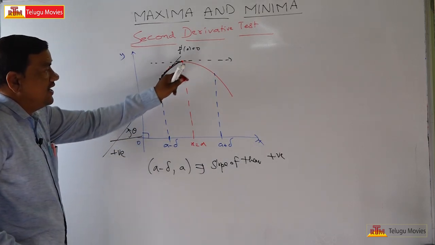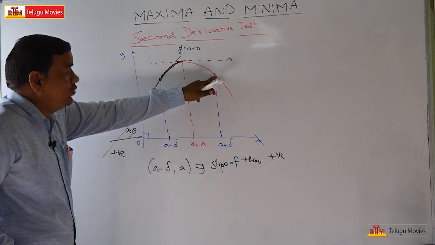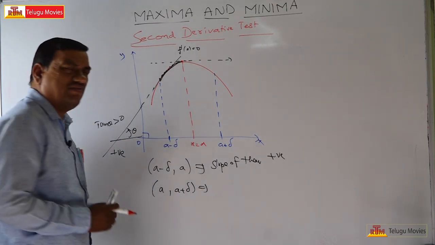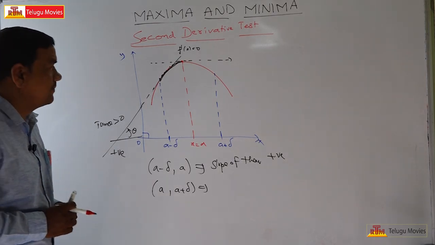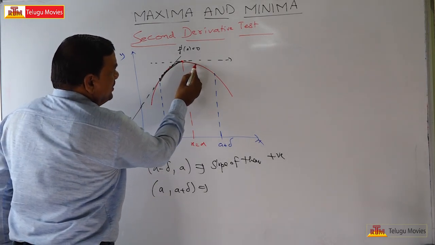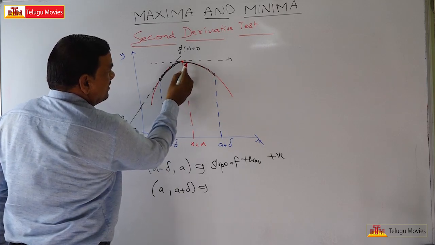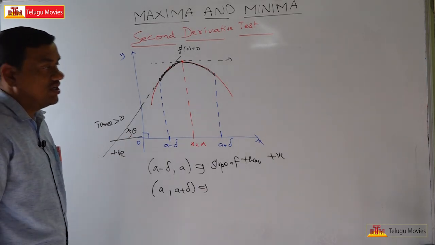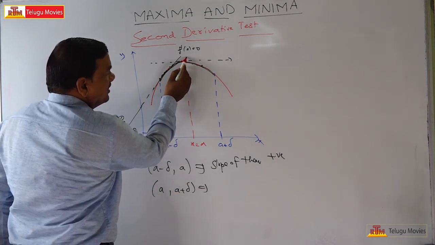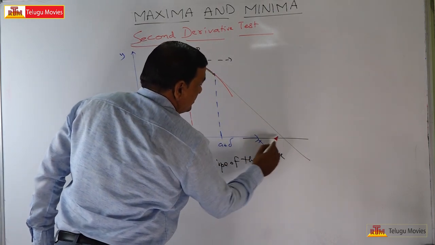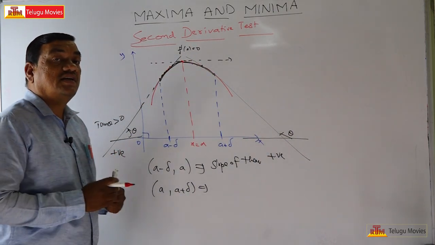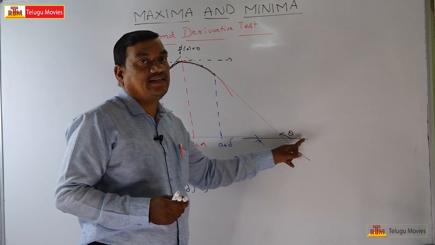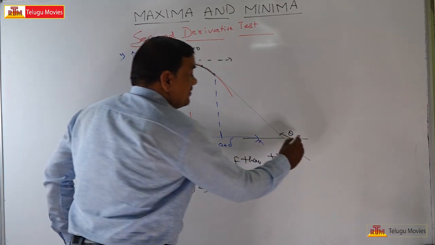Now, let us observe the interval from a to a plus delta. See here, delta is a very, very small value. Understand this. Observe here from a to a plus delta, how many points will be there? Infinite number of points. That is a decreasing function. If you draw a tangent here, definitely the tangent makes an obtuse angle with the x-axis.